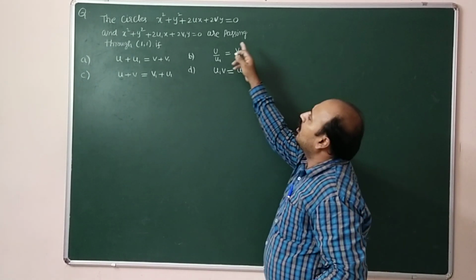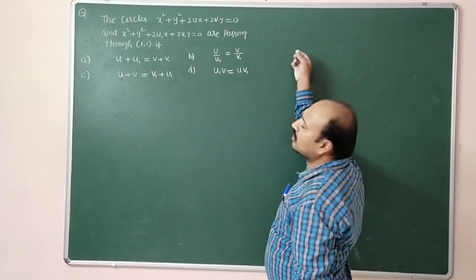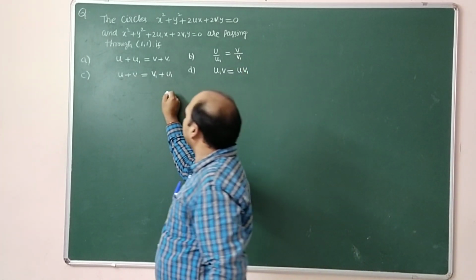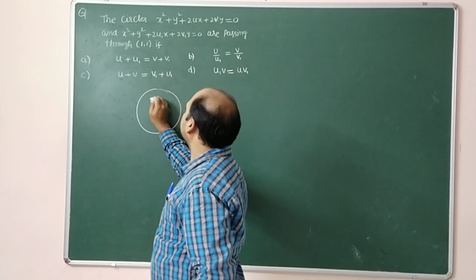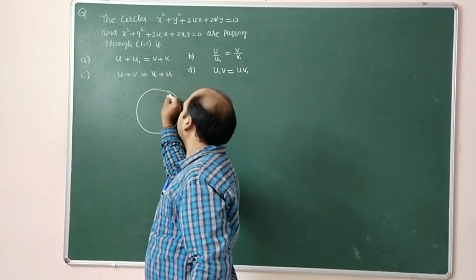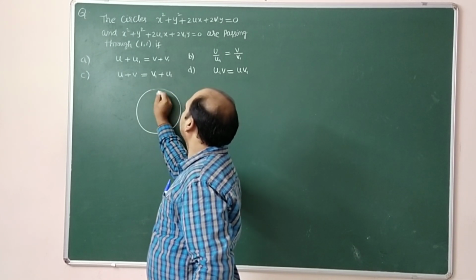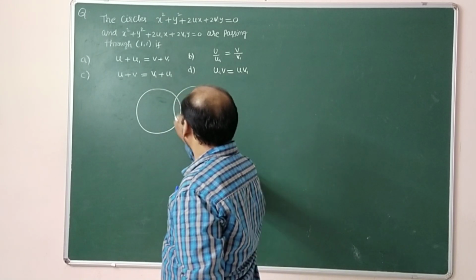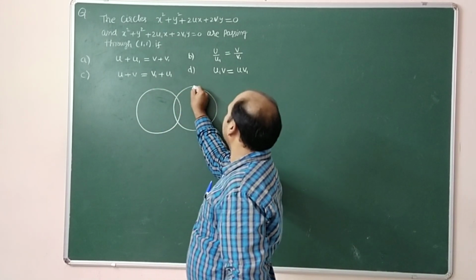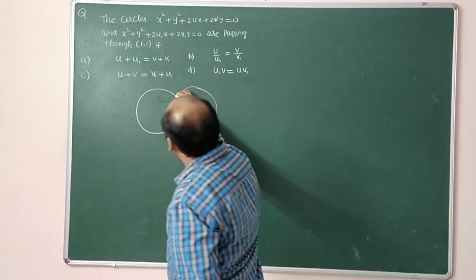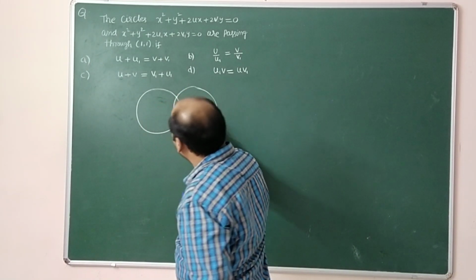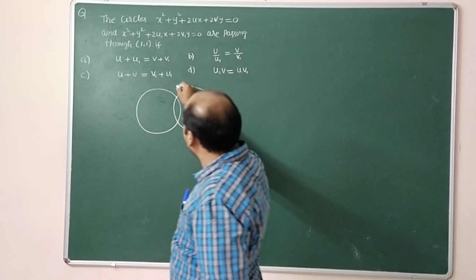The common chord of the two circles passes through the point (1, 1), so compulsorily the two circles intersect. Like this, the two circles intersect. Whenever the two circles intersect, the intersecting points are there, so it becomes a common chord.